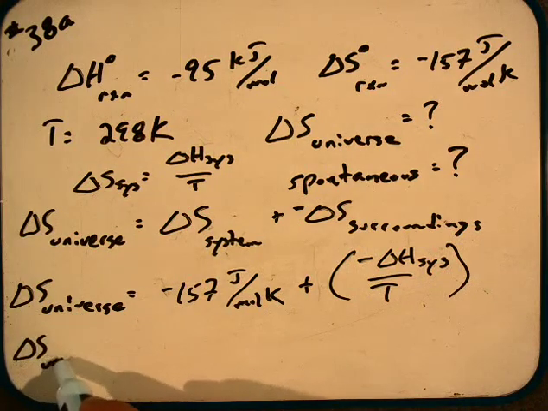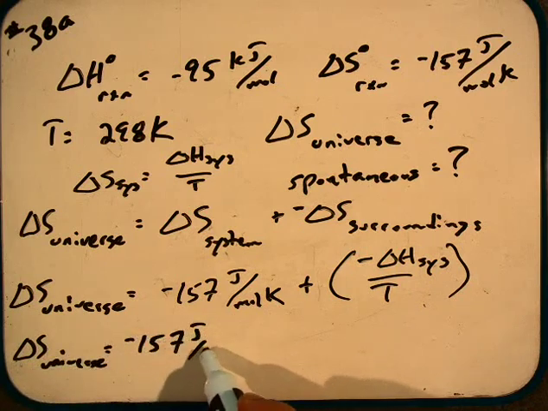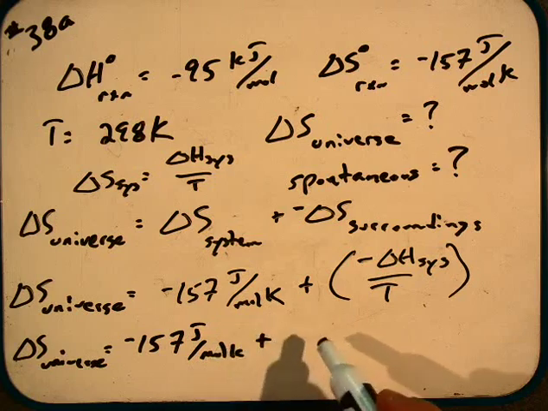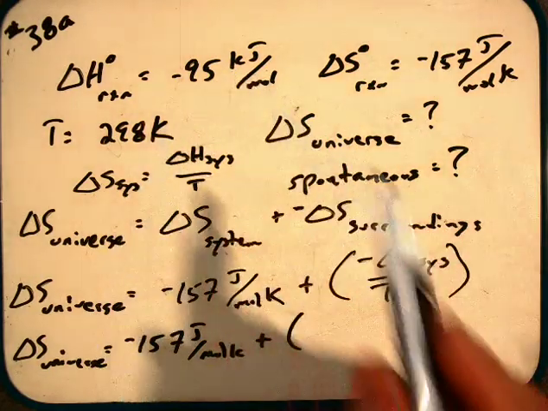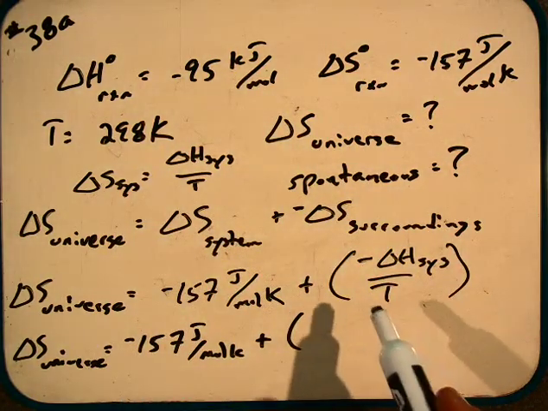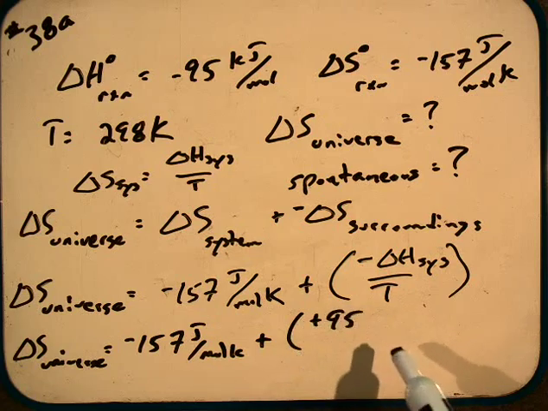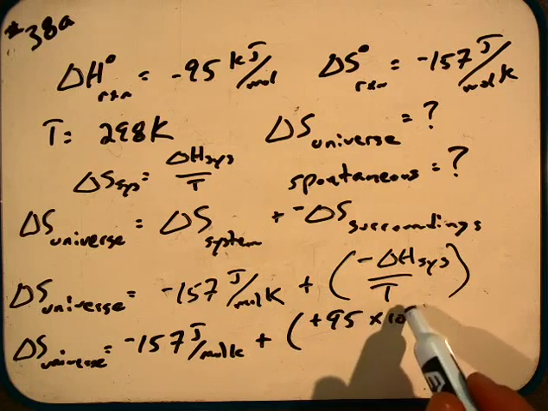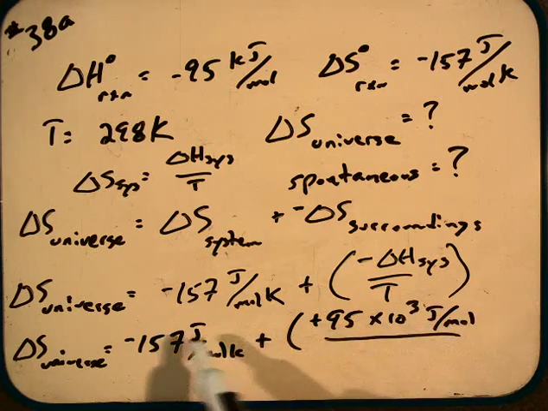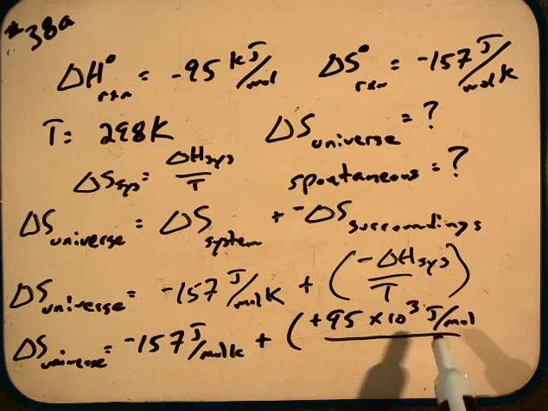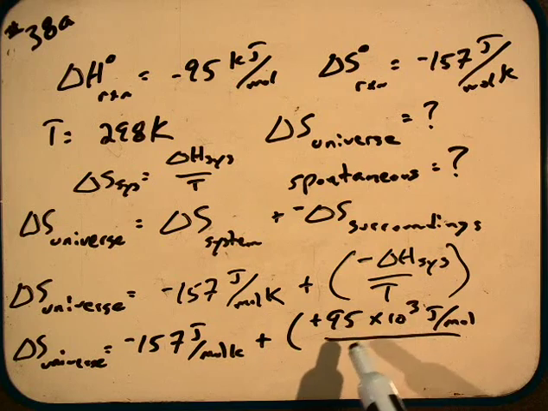If we plug in our values, our delta H of the system is negative 95 kilojoules per mole. So that's why this is going to be a plus 95. Notice I'm going to convert that into joules per mole so that the joules agree with each other. Remember, we have to make sure our delta H's and our delta S are in the proper joule term, or kilojoules.